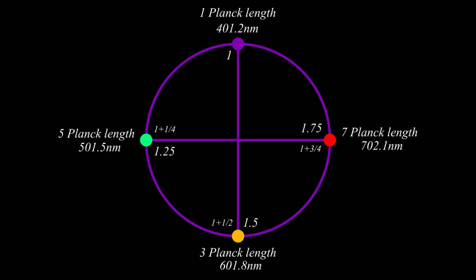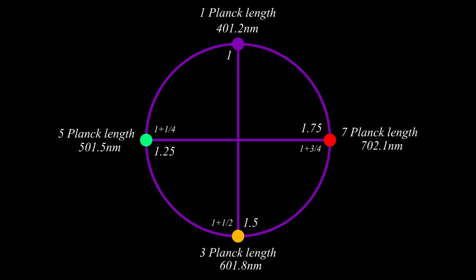Also, it can be seen as Planck units. 5 Planck lengths equal 501.5 nanometers, and 7 Planck lengths equal 702.1 nanometers.